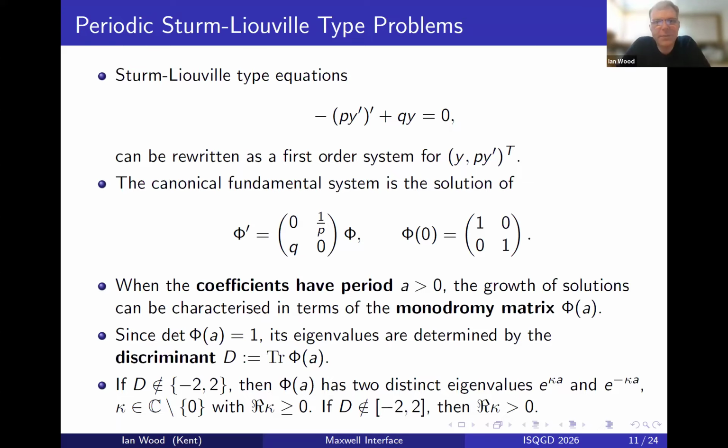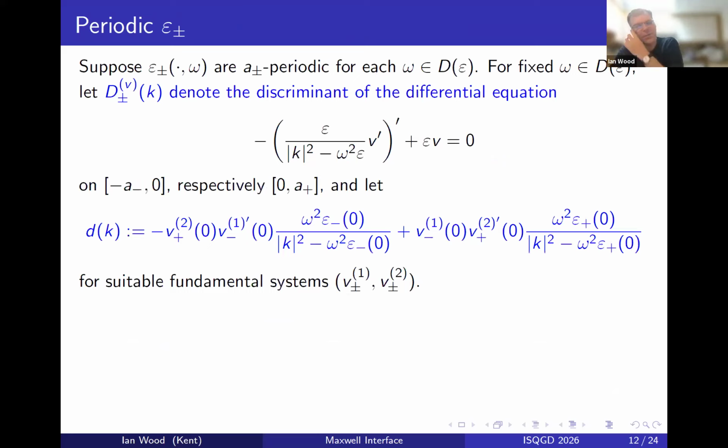Okay, so let's go back to our Sturm-Liouville problems. So for V, we had this problem that we've got in the third line here. Now I'm going to assume that epsilon plus is A plus periodic and epsilon minus is A minus periodic. A plus and A minus don't have to be the same.